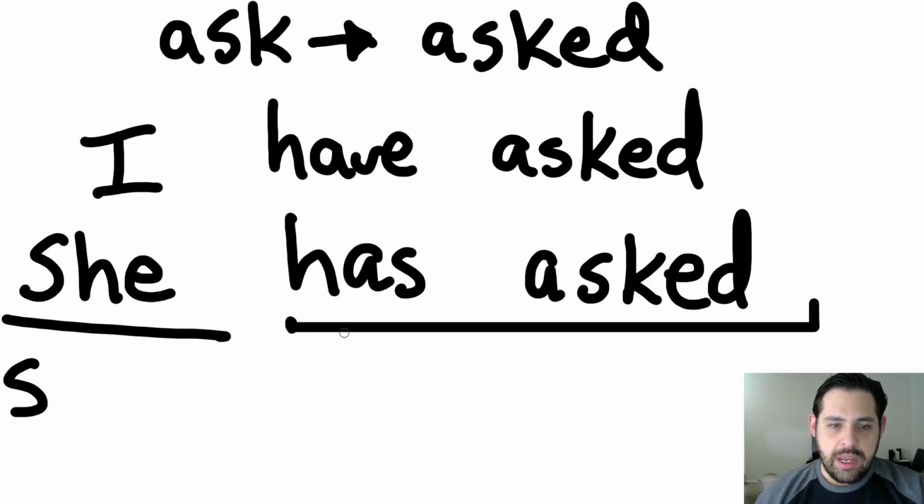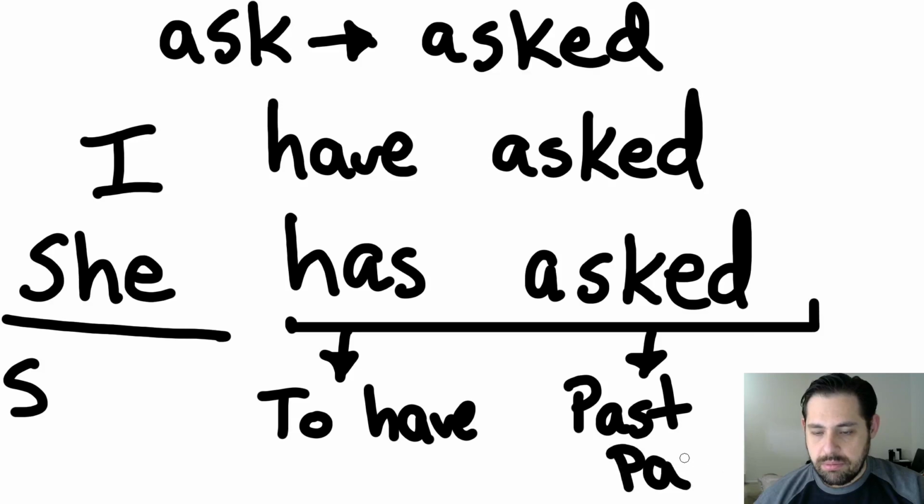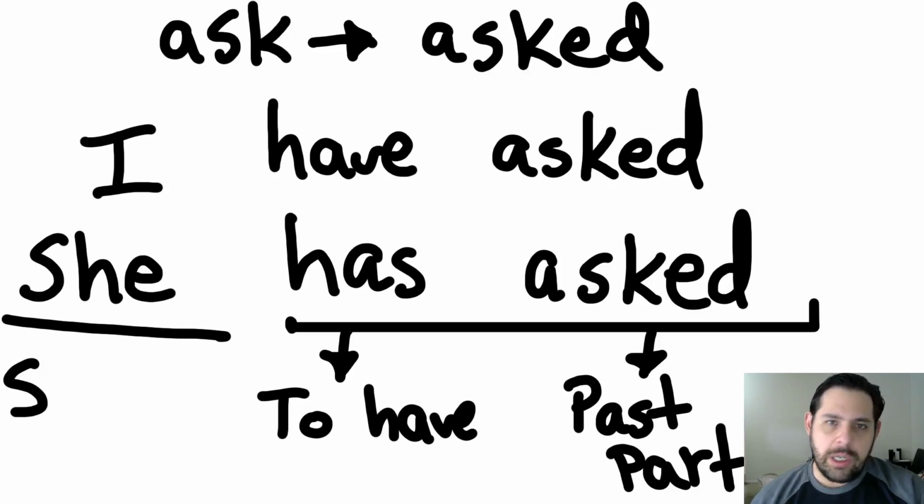Okay? Our present perfect, which is made up of the verb to have and the past participle. Okay, so far so good.